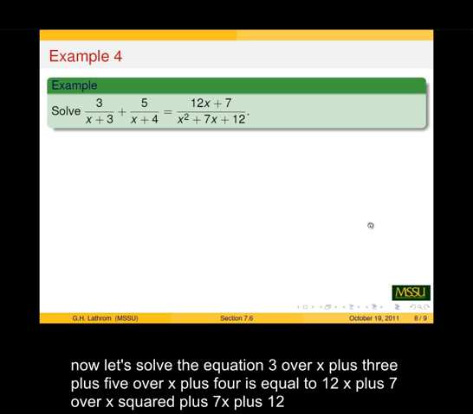Now let us solve the equation 3 over (x plus 3) plus 5 over (x plus 4) is equal to (12x plus 7) over (x squared plus 7x plus 12).